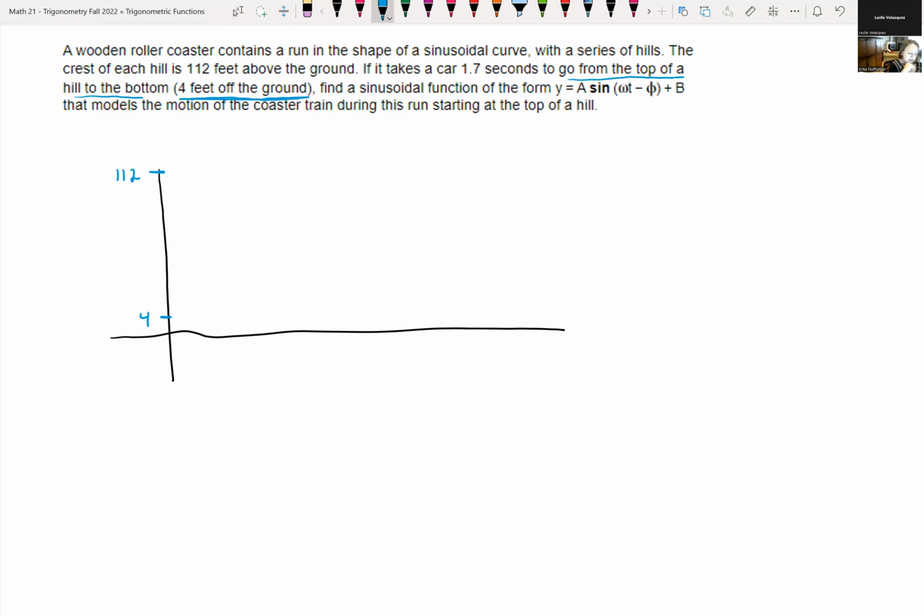So we're going to try to find this curve. Sometime here, we're at the top. Let's just start here when time is 0.